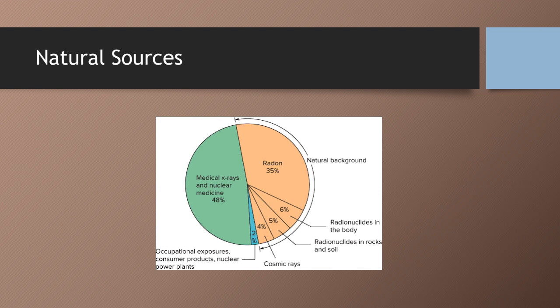There are small amounts of radiation in water. There's radon in the ground. There's small amounts of radiation emitted from other people, and some amounts that are emitted from occupational exposures.